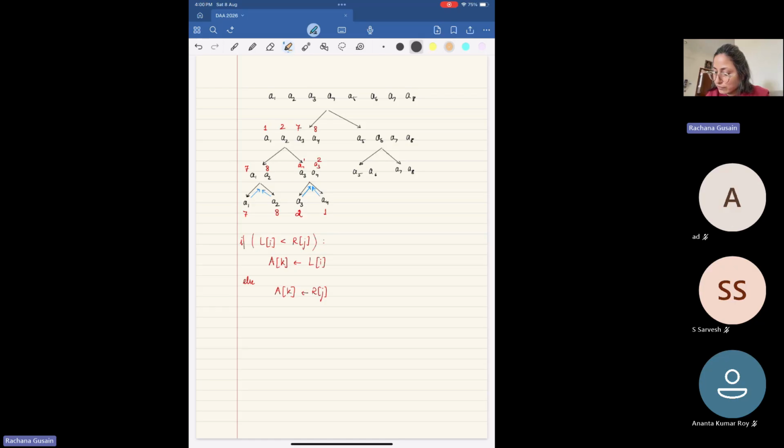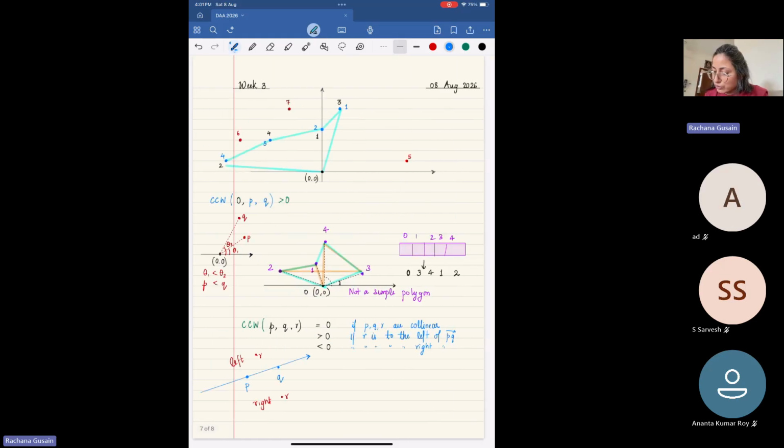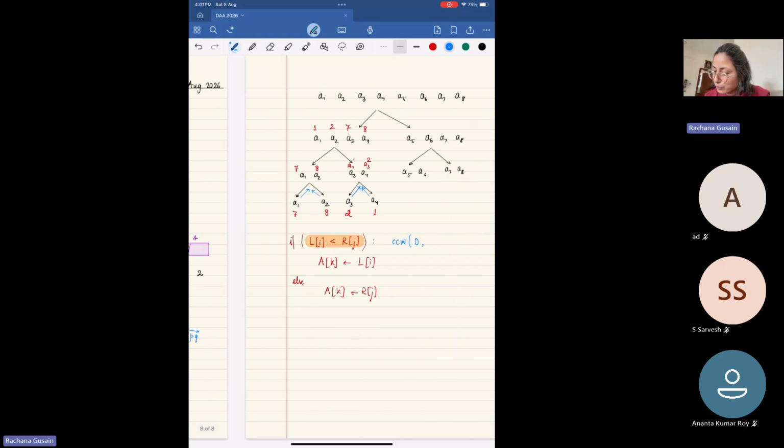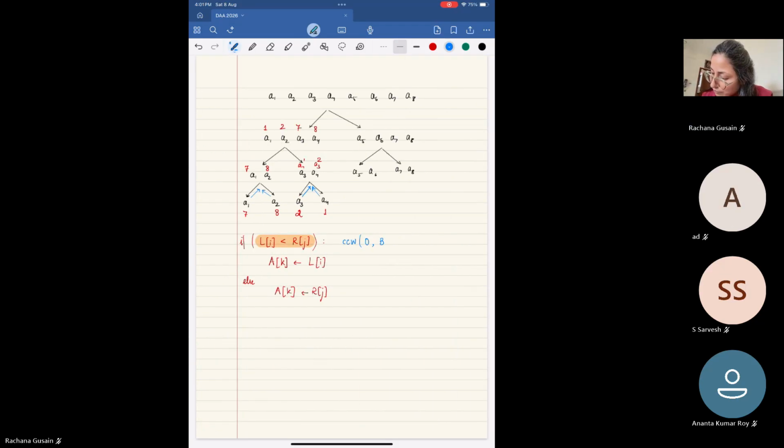So I will not have this, but I'll have some version of CCW with the point 0. The point is stored at Li. Let me denote those points by blue and red points. So this is some point Bi, and some red point Rj.